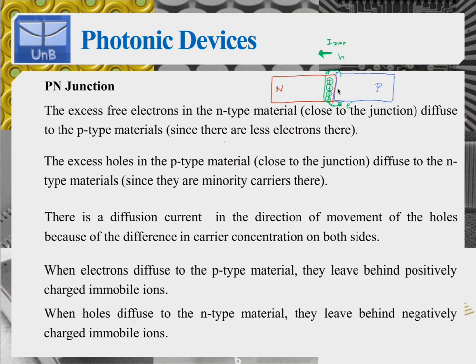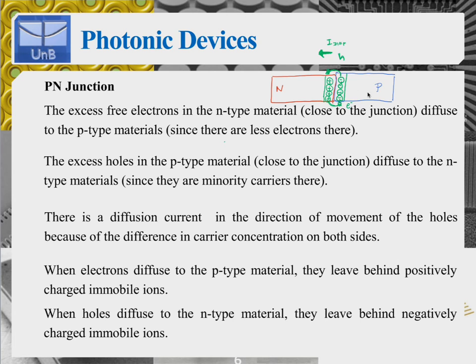So similarly, when the holes diffuse from the p-type material to the n-type material, which also contributes to the diffusion current, they leave behind negatively charged ions in the p-type material close to the interface. So these are ions, right? When I draw them like this with circles, it means that they're not electrons, they are actually ions which cannot move.